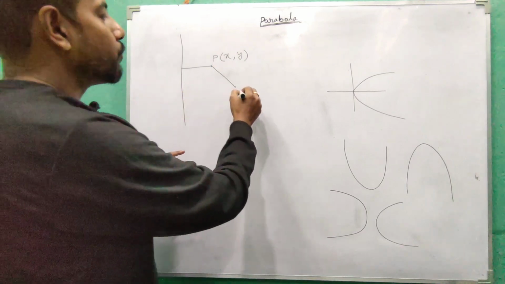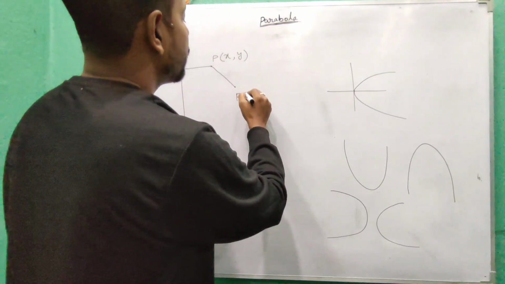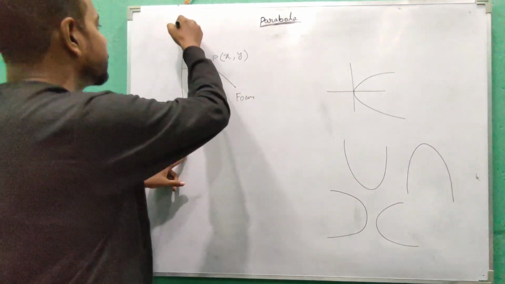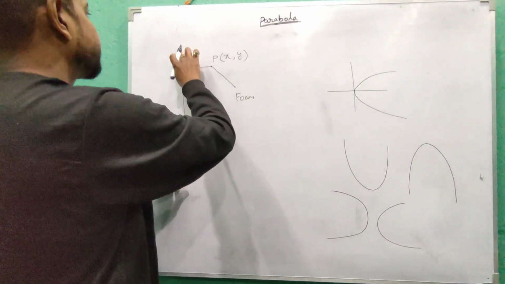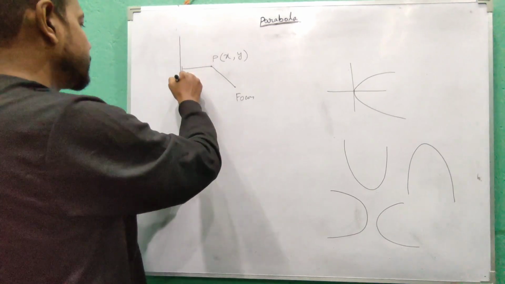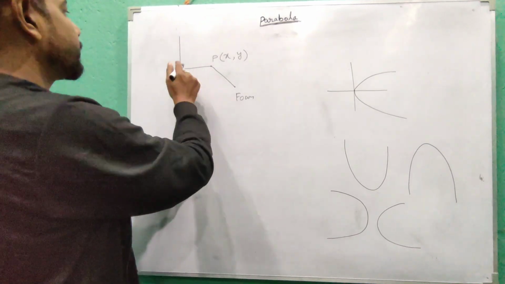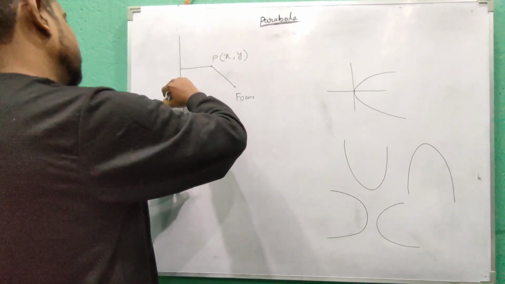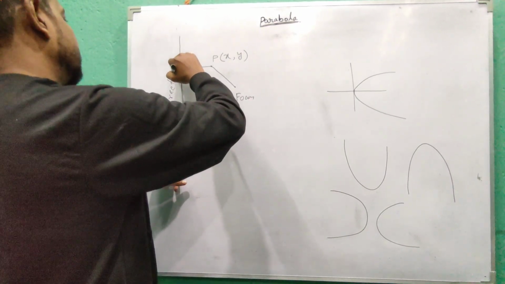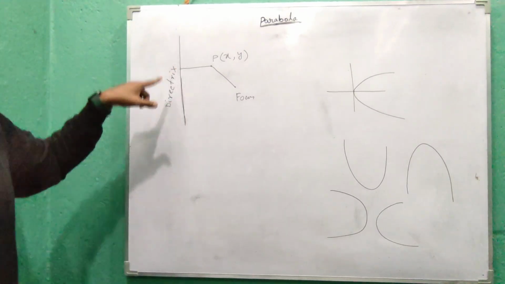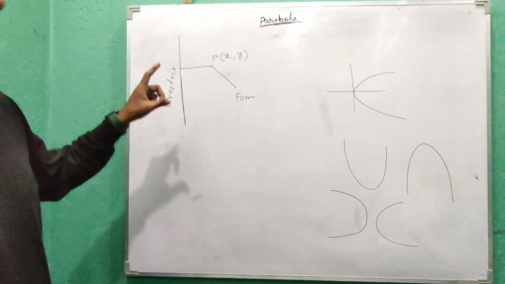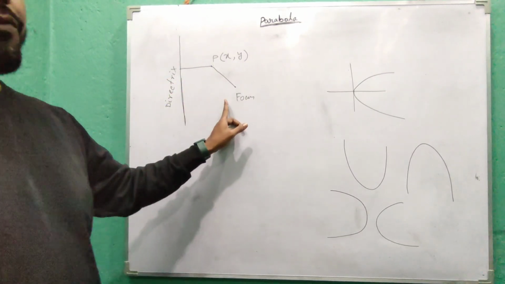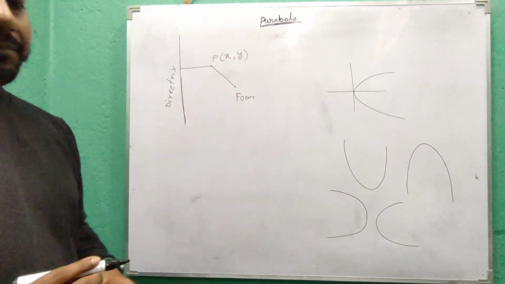This fixed point is named the focus, and this fixed line is the directrix. This line is called the directrix and the fixed point is called the focus.